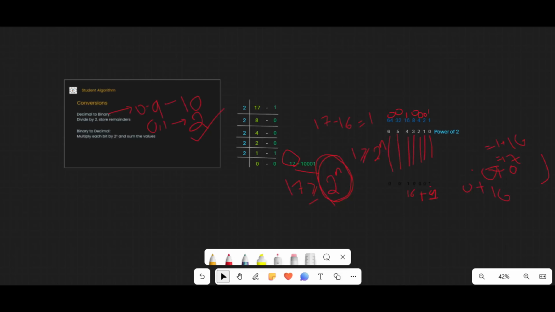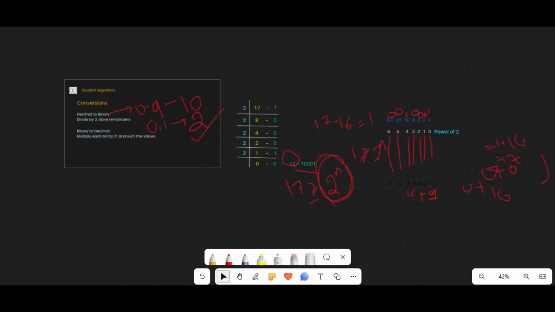Again we check 2 comma 4, and it will be 4. Again we check 4 and 8, it will be 8. Again we check 8 comma 16, it will be 16. Again we check 16 comma 32. Here 32 is larger than 17, so we should not take 32, we should take 16, right?